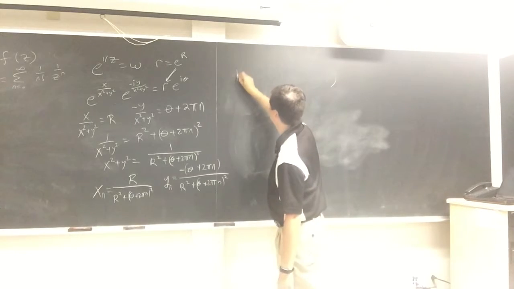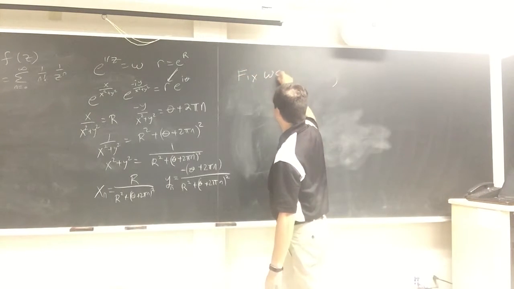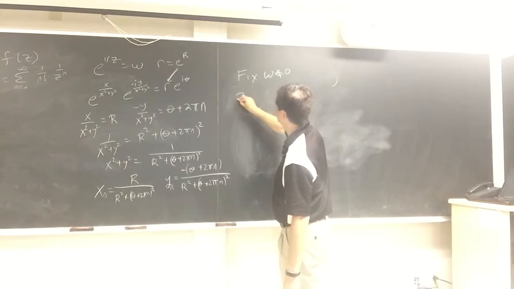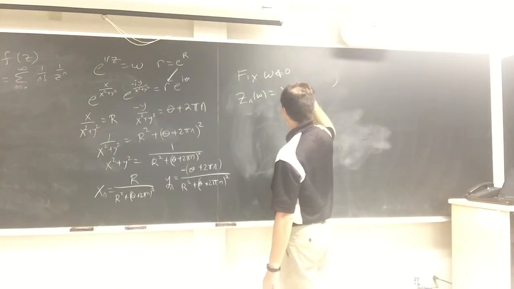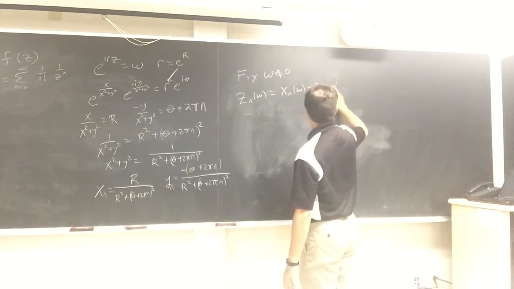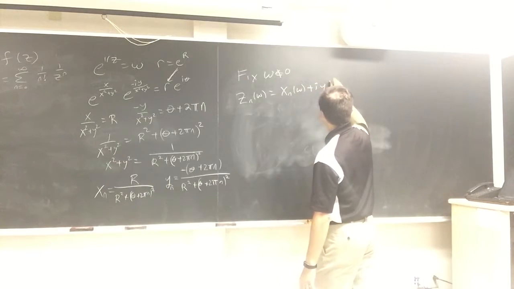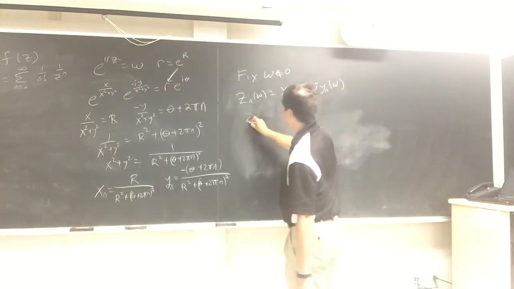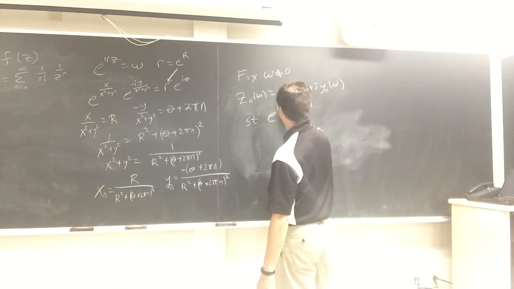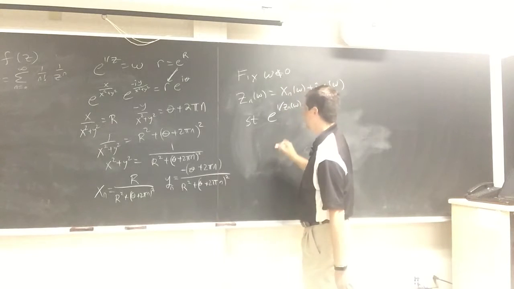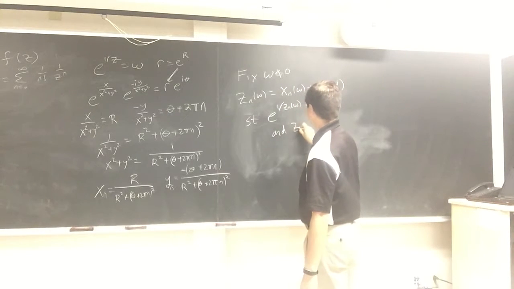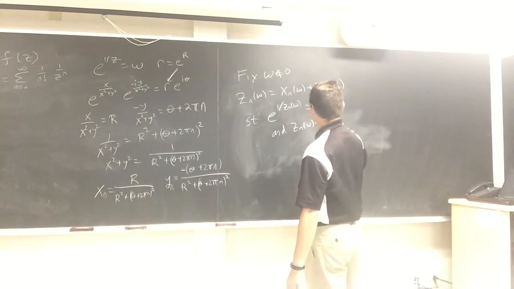So you fix an omega not equal to 0, I can construct a Z_n of omega, which will be x_n omega plus i y_n omega, such that e to the 1 over Z_n of omega equals omega, and Z_n omega goes to 0 as n goes to infinity.